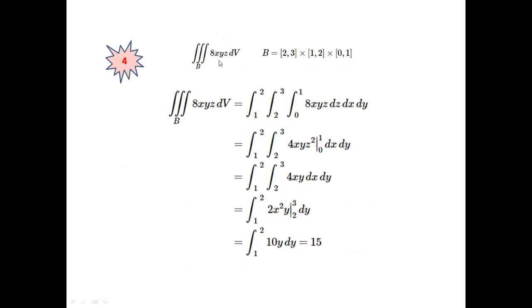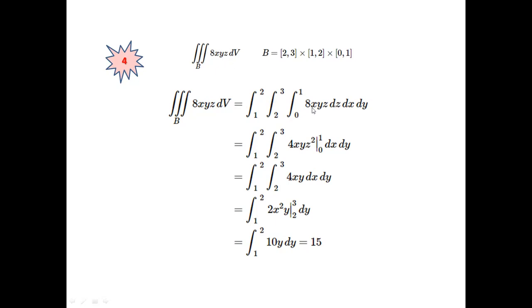So we find the volume bounded by this set of points here: 2, 3 for the x, 1, 2 for y, and 0, 1 for z, for this particular rectangle. So 8xyz.